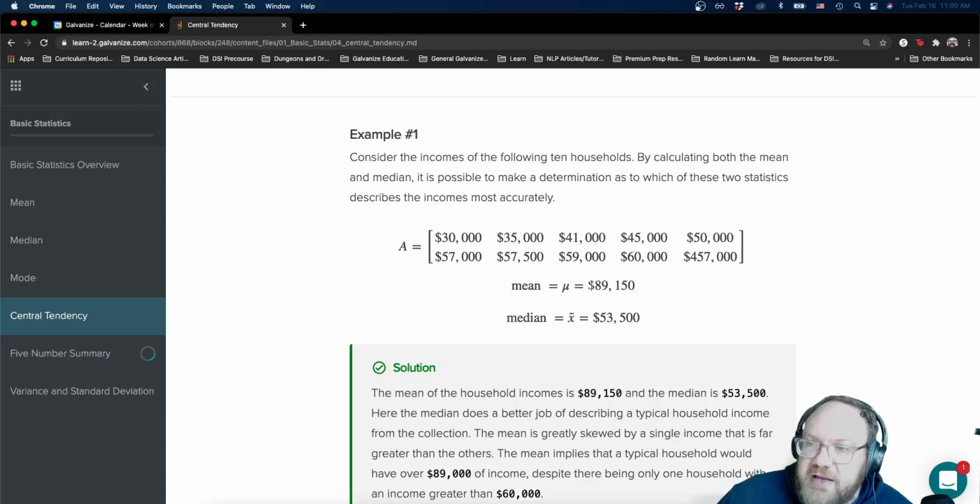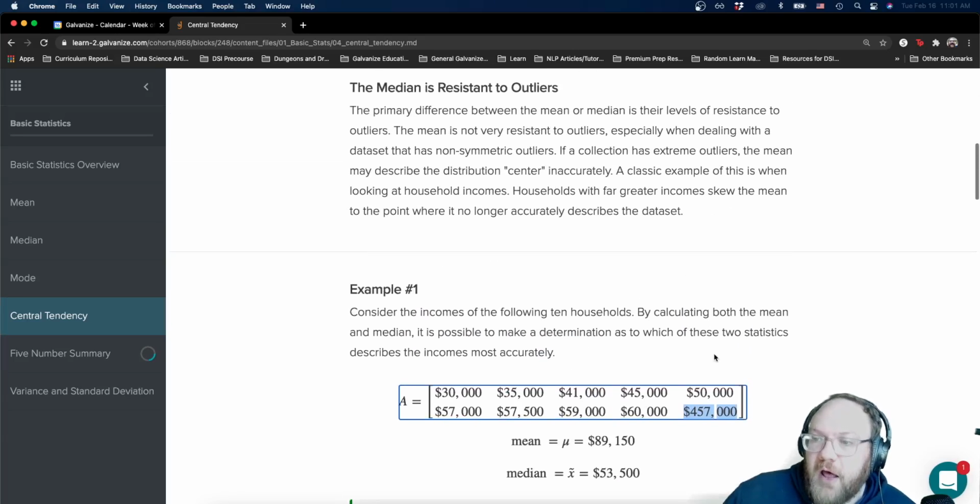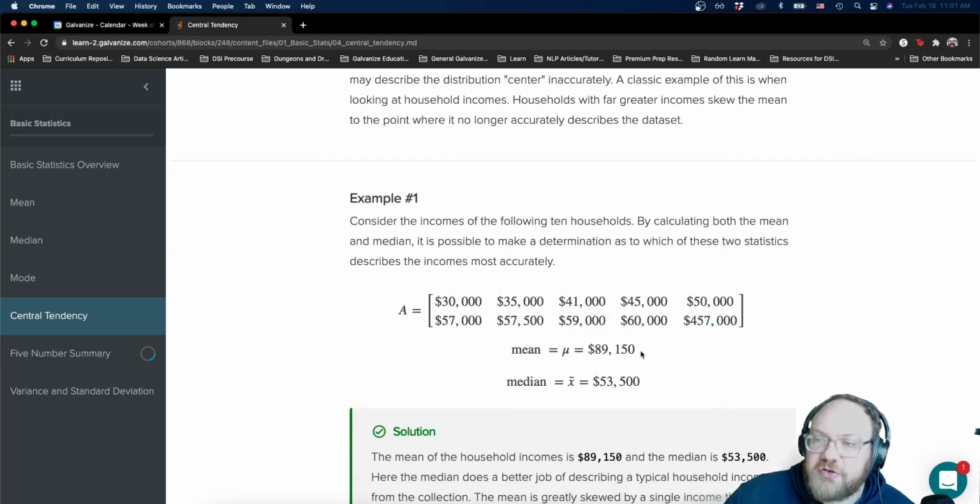Whereas the mean at $89,150 doesn't really accurately describe our data set, right? There's only one household that has anywhere near that income, and that's the household that has an income that's far greater than that, $457,000.